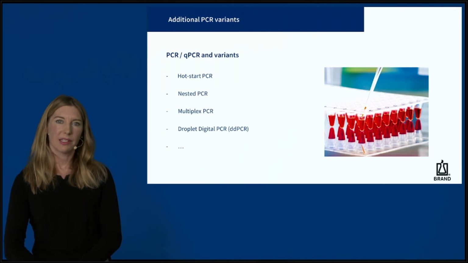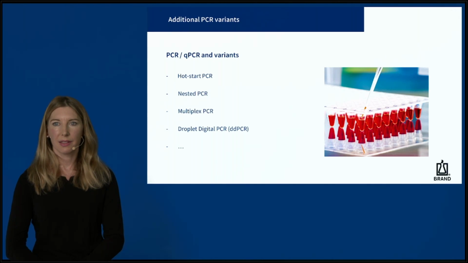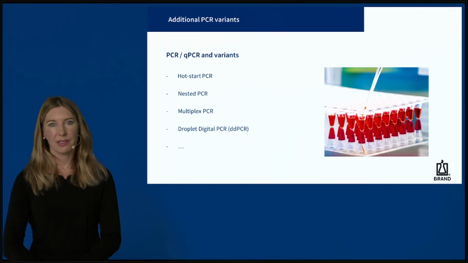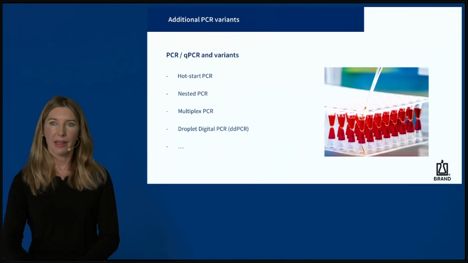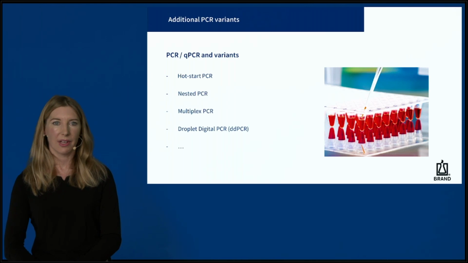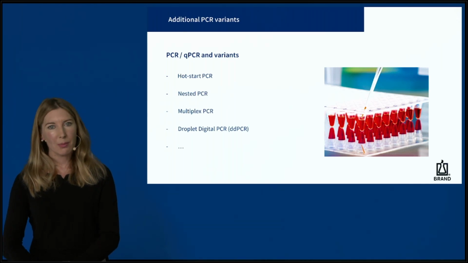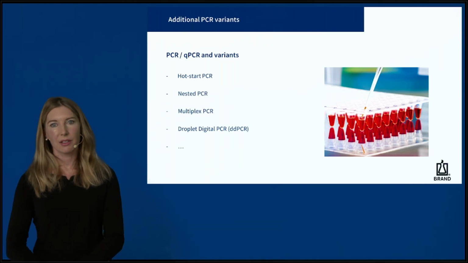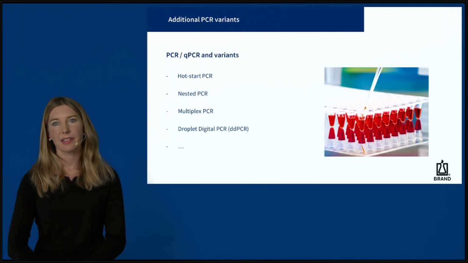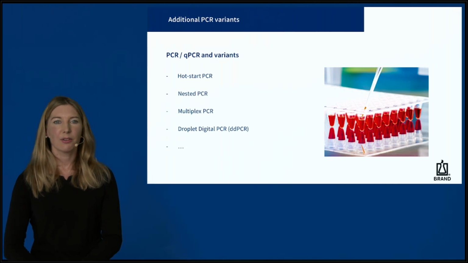Droplet digital PCR is a method for the absolute quantification of rare alleles. Samples are segmented by using water and oil emulsions to create droplets from which their genetic material can be identified and quantified. The sample is split into droplets in which the individual PCR reactions can take place. And of course, there are many more different methods.